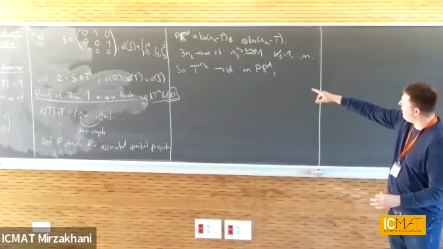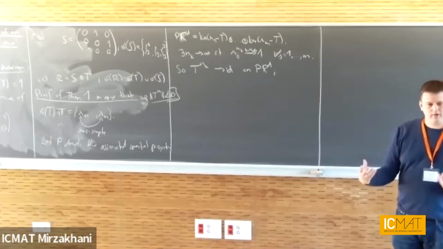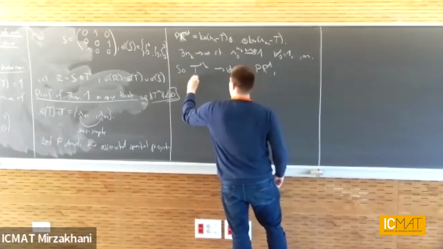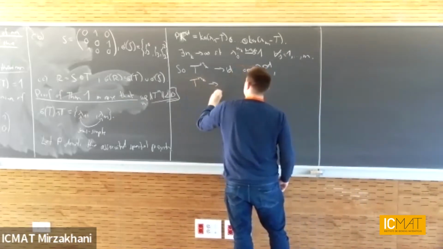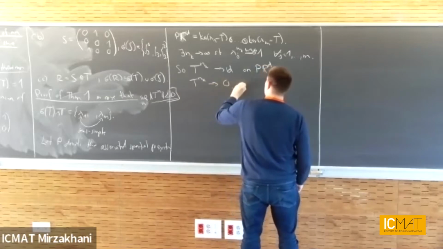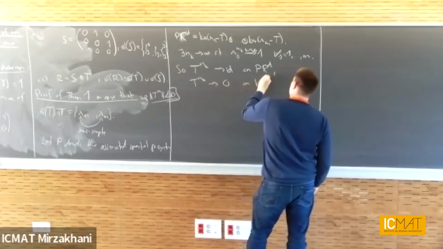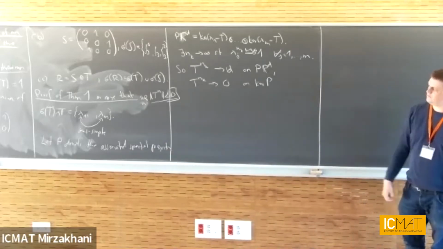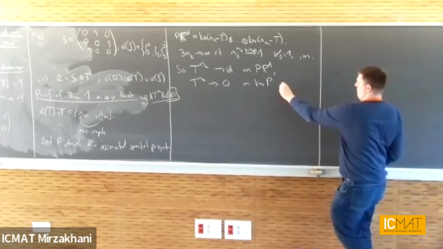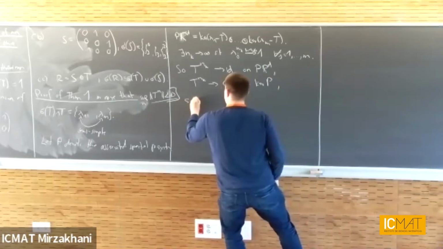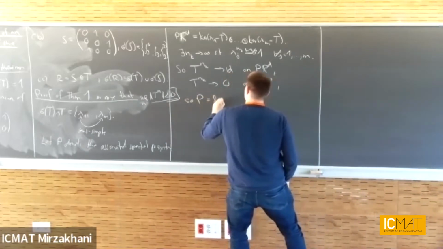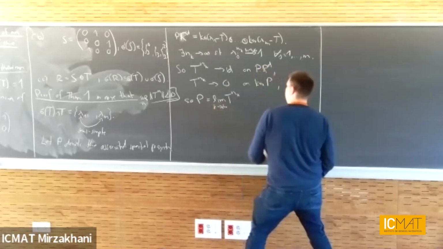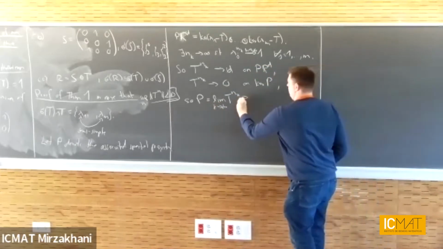So this means the powers of T converge to 0 on the kernel of P. But this means on the entire space it converges to P. So P is the limit of T to the n_k. And T was positive, so P is positive.